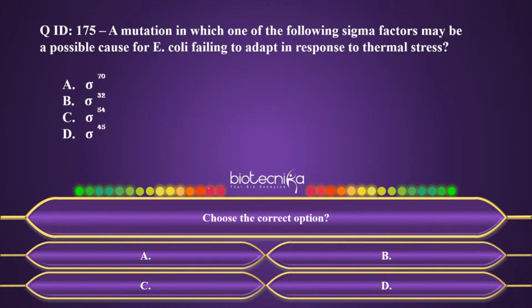In case of thermal stress, E. coli can adapt to that kind of stress due to the presence of one of these sigma factors. So which one is responsible for it?